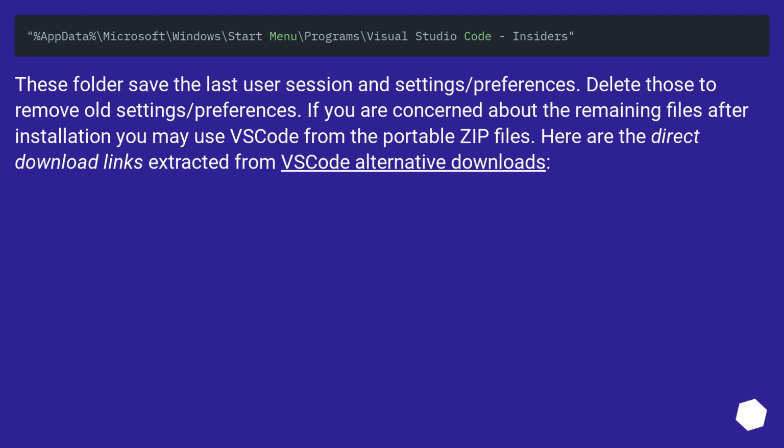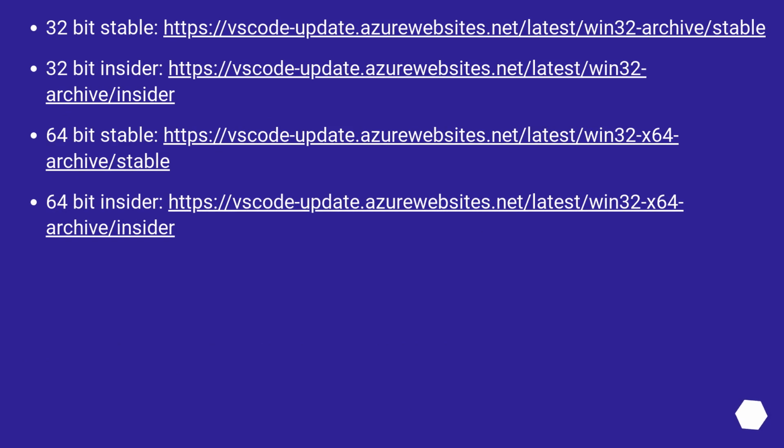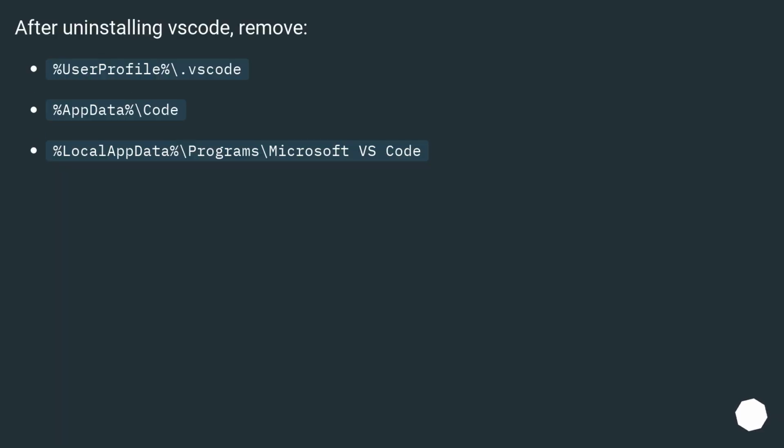Here are the direct download links extracted from the Visual Studio Code alternative downloads. After uninstalling Visual Studio Code, remove %userprofile%\.vscode, %appdata%\Code, %localappdata%\Programs\Microsoft VS Code.